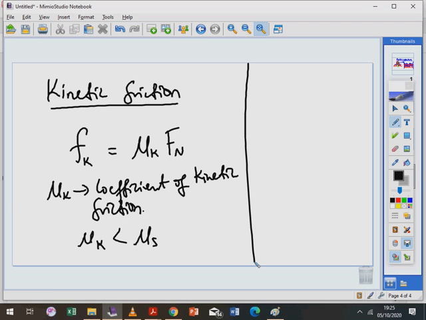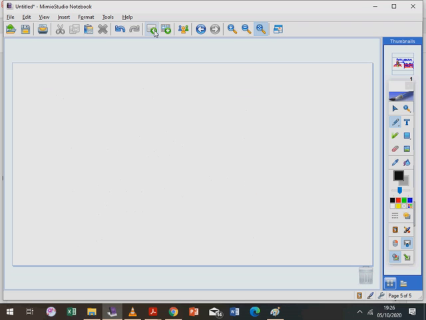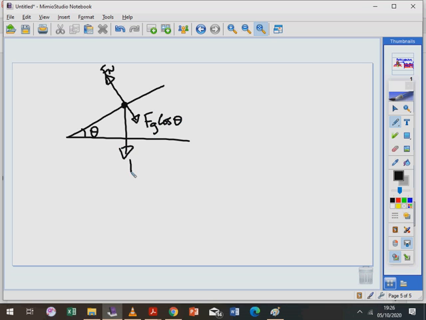Now let's look at what this looks like on an inclined plane, because remember, you had your angle theta here. You have an object, and this is a free body diagram. It has a normal force going up that way, and then it has a component of gravity, which is Fg cos theta. It has gravity itself, which is Fg, and then it has that component of gravity along the plane, which is Fg sine theta.